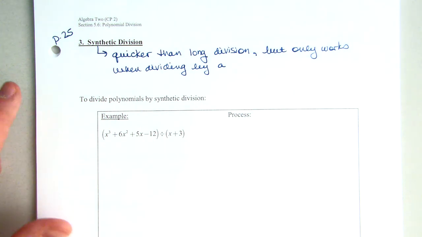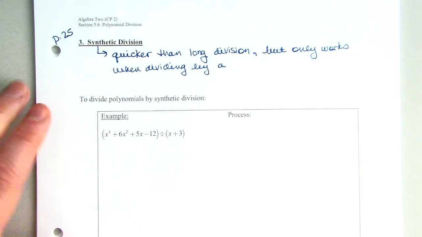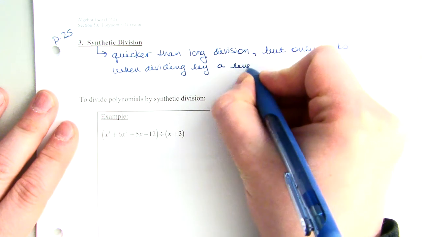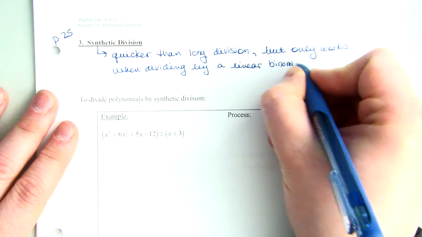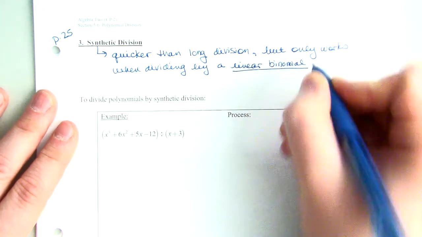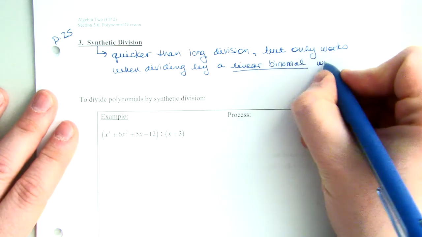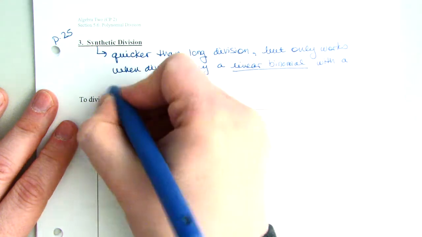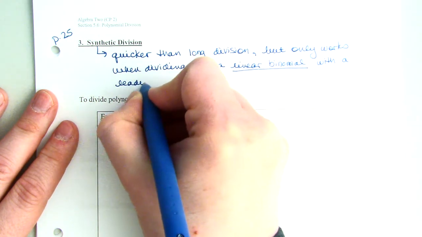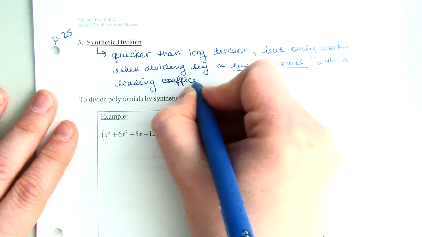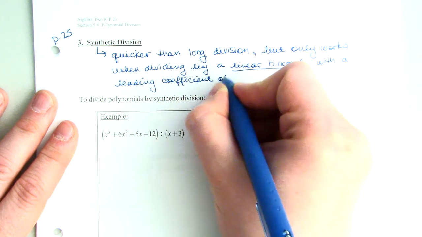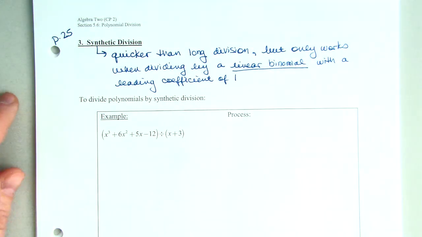When we're dividing by a linear binomial with a leading coefficient of 1. Only works when we are dividing by a linear binomial with a leading coefficient of 1.